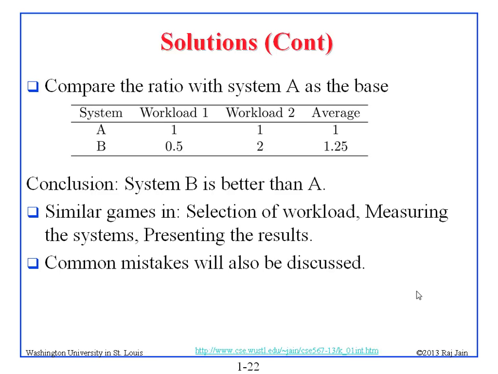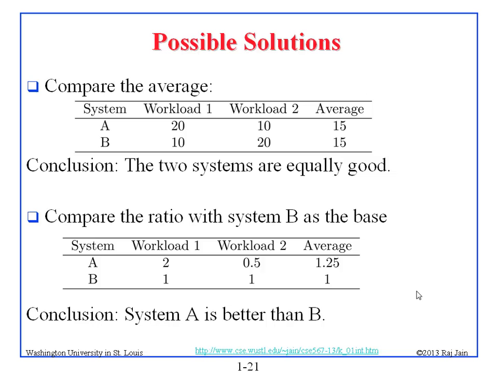And one could not figure out that this data can be done the other way around until you work it out the other way around. If you are working for company A, you will just take the ratio the other way around. You will take B as the base.